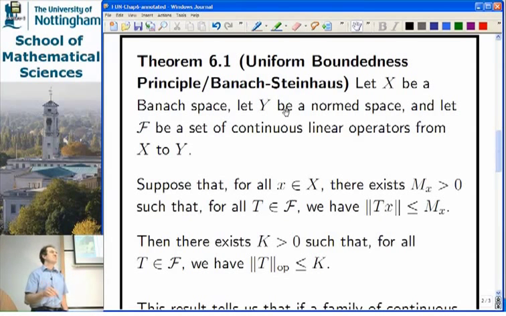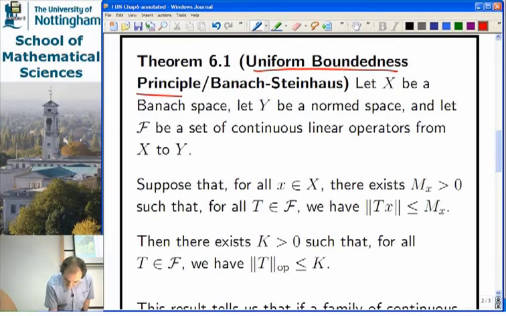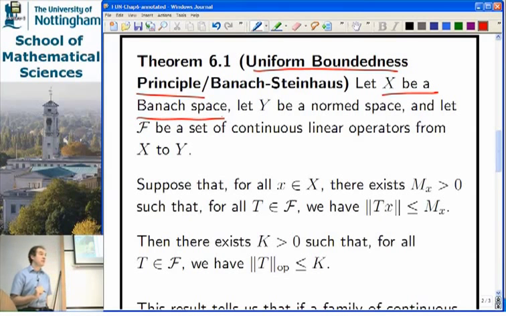There are actually some subtle variations, some varieties in this result as well, but this is the one that I'm going to call the uniform boundedness principle. And it's X that has to be complete for this one. That's the domain where you're mapping from.